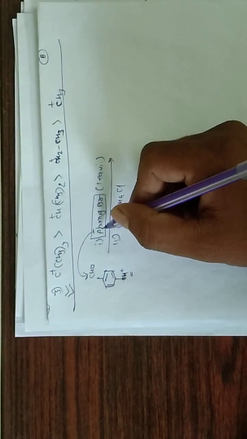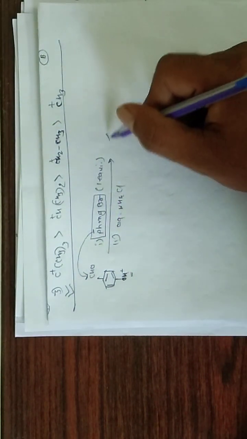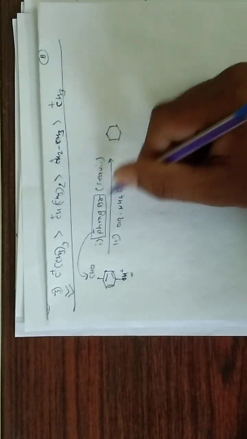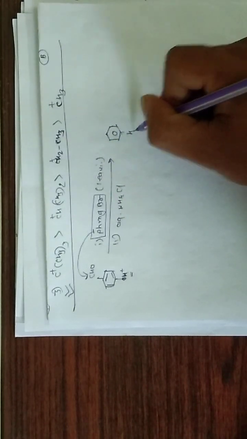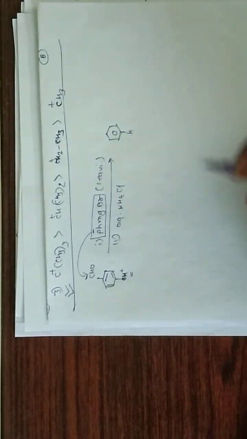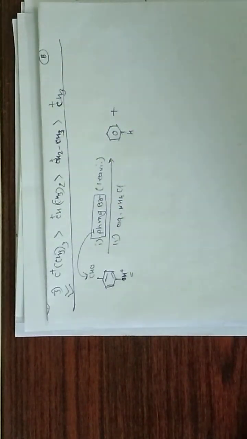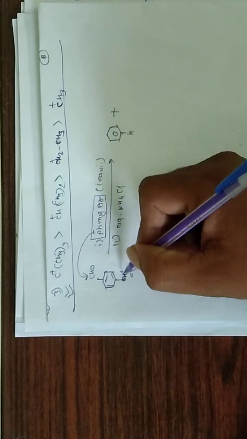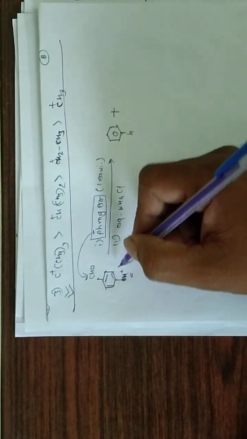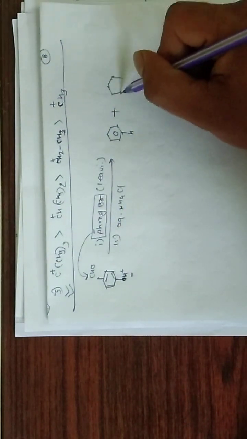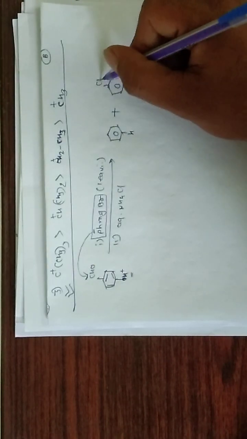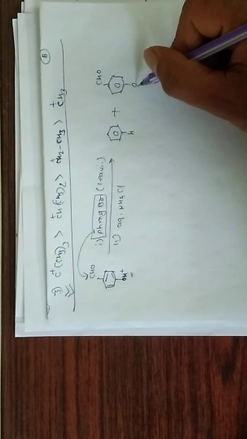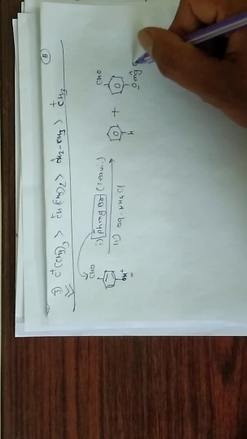So what will be the product formed? This R H, and here H is attached, plus another one is, since a salt is formed, the CHO remains the same, O minus Mg plus Br.